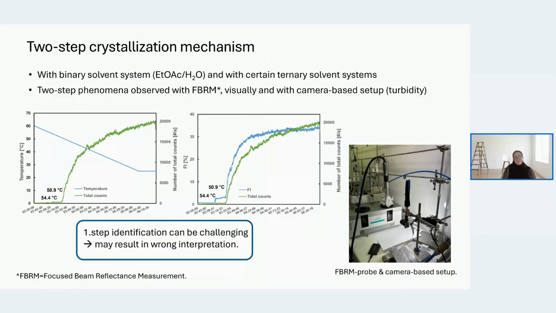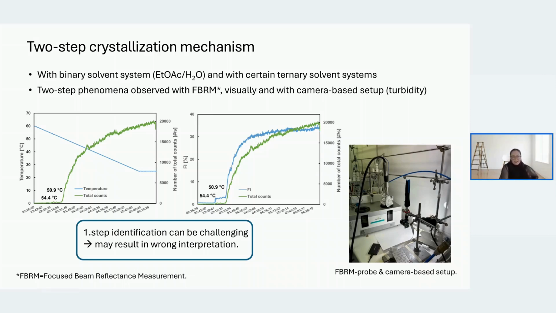But interestingly, we also found that there is a so-called two-step crystallization mechanism when we do the cooling crystallization. That was observed with the FBRM sensor, which we use during the crystallization to follow how the particles are behaving. But we could also observe that phenomenon visually, with a camera-based setup, which we have been investigating as an alternative method.